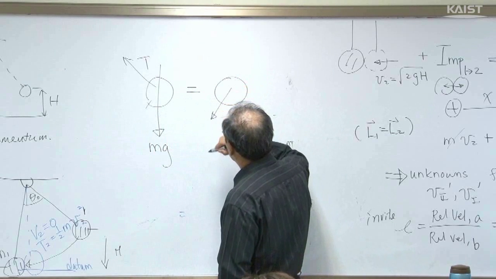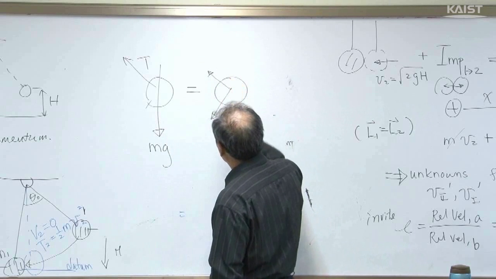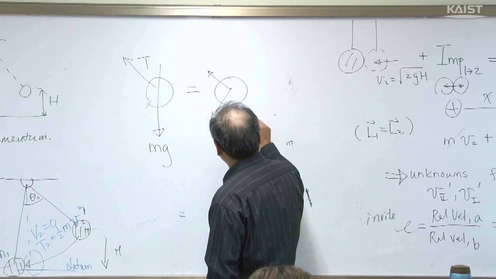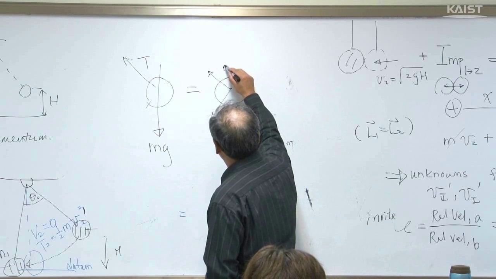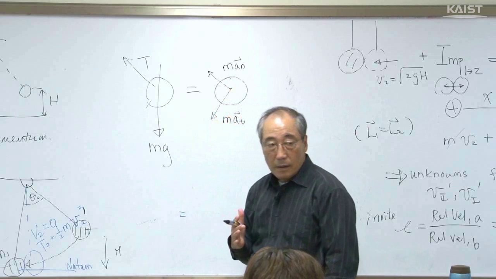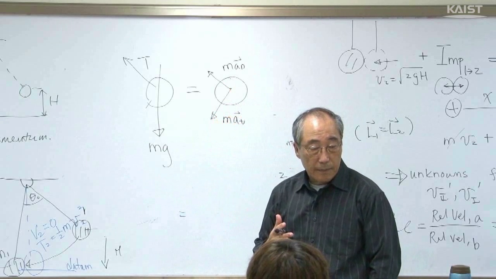Maybe I will use this and that. That is m a_t vector, m a_n vector. Okay, you can solve it.